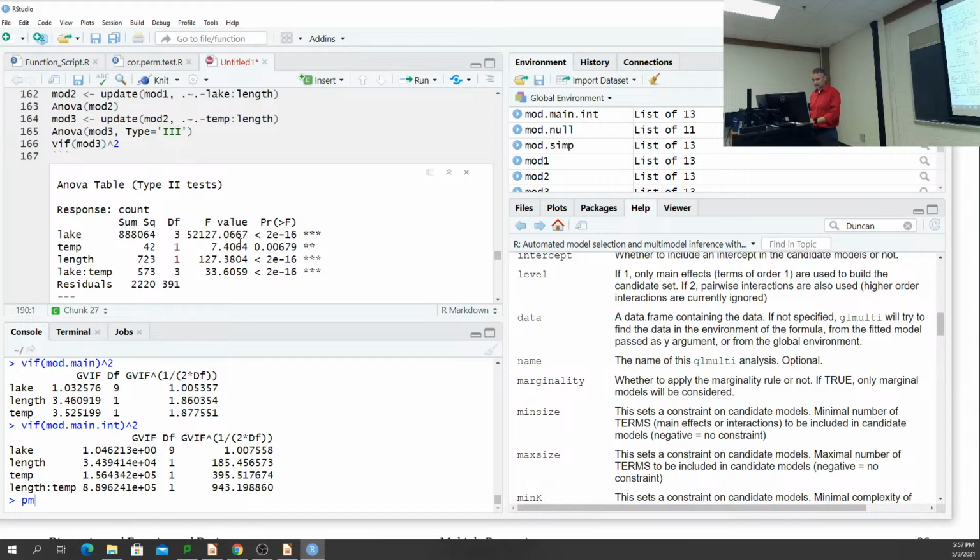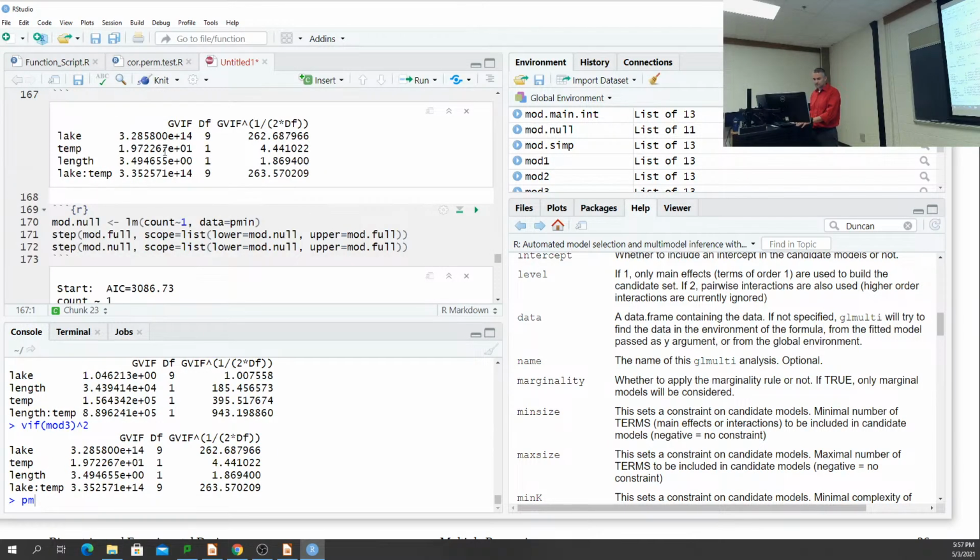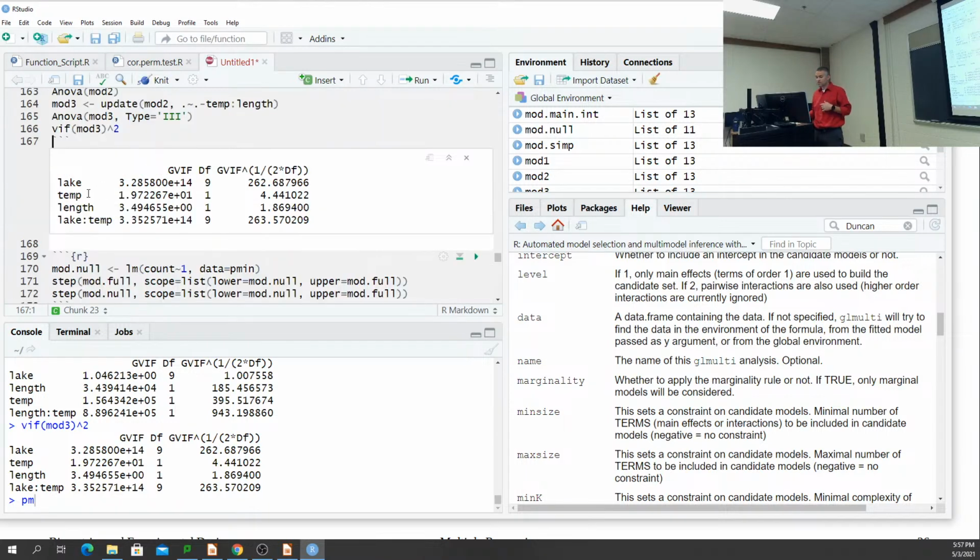Let's do this one. This is mod 3, I think, that I made. So we have temperature now added to that simplified model. We still have a very high variance inflation factor here because the interaction is correlated with lake and it's going to be correlated with temp. But now we have length. This is why we would do a table. Length is by itself.